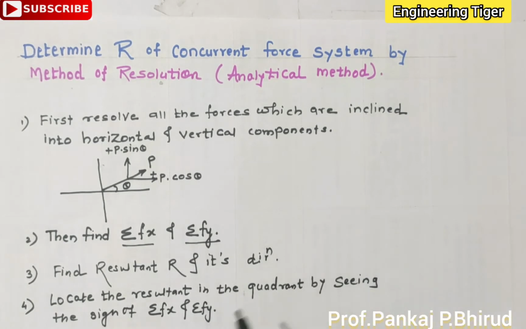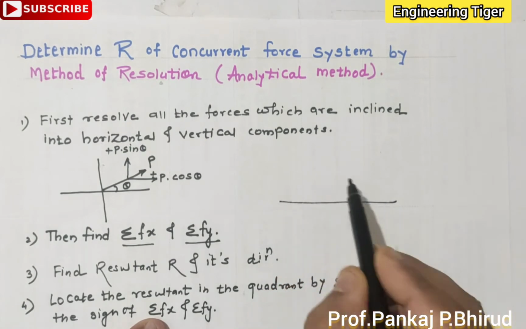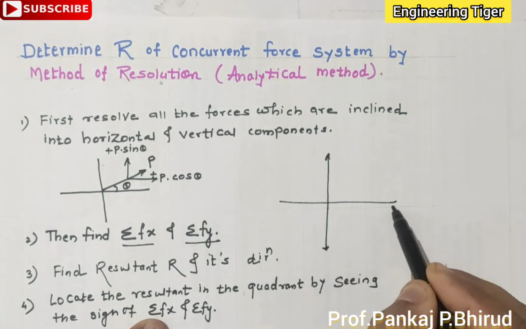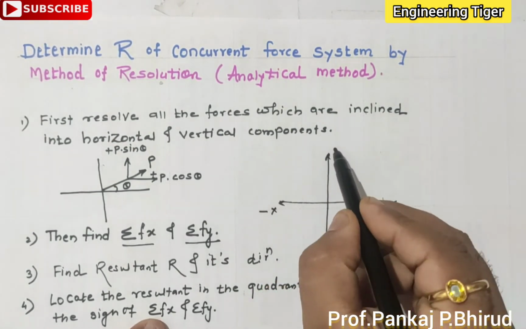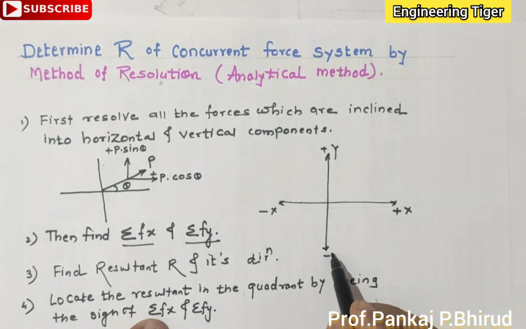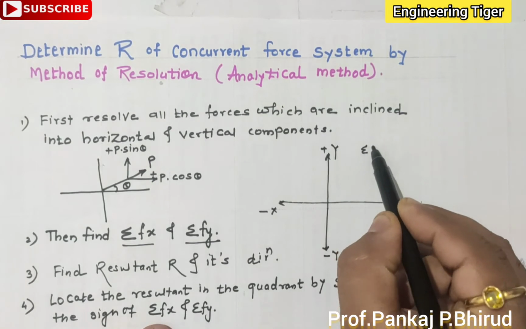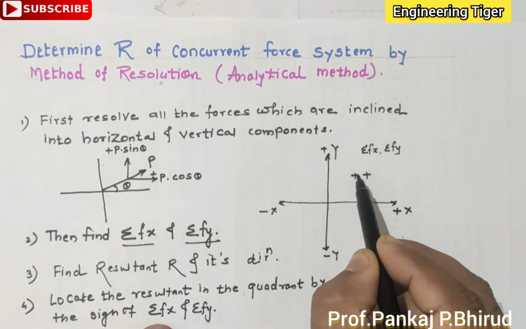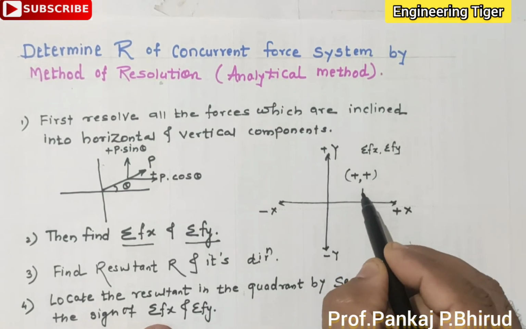Now let us understand how to locate the resultant by seeing the sign of sigma Fx and sigma Fy. We know that there are four quadrants: plus x-axis, minus x-axis, positive y, negative y. If sigma Fx and sigma Fy both are positive, then the resultant will be in the first quadrant.